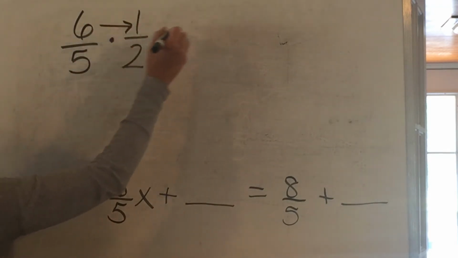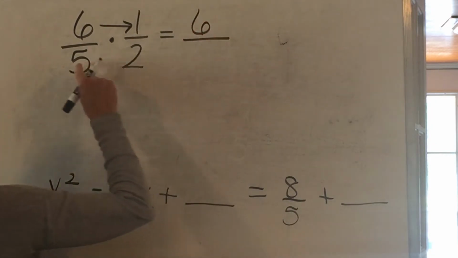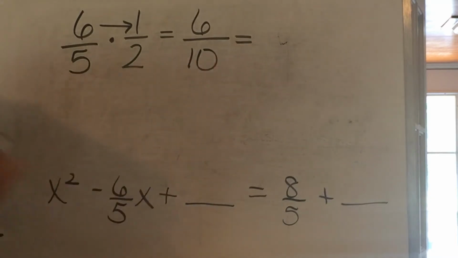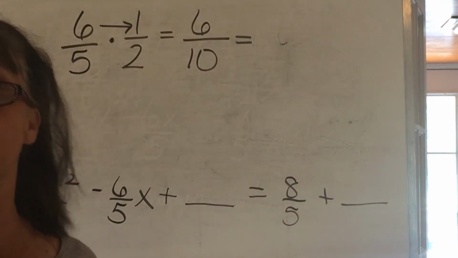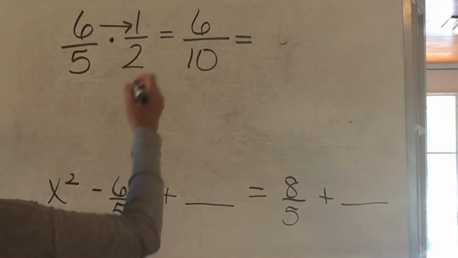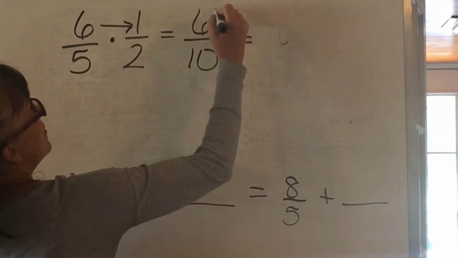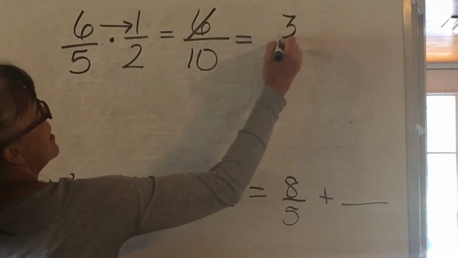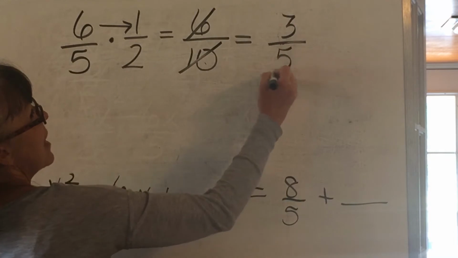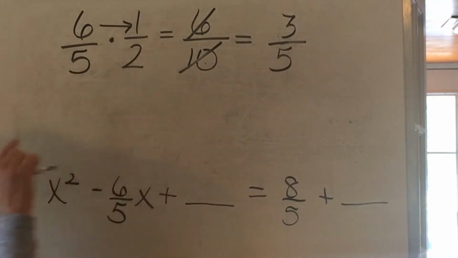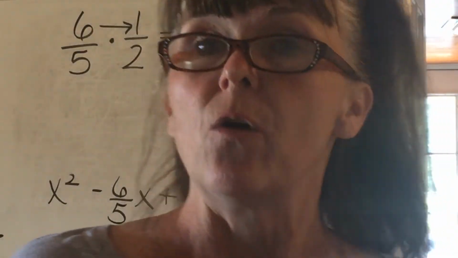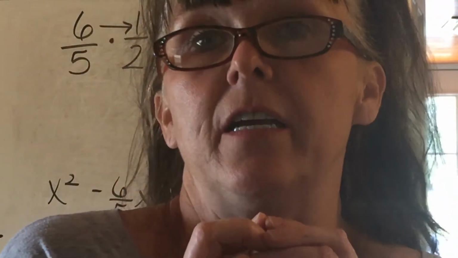So 6 times 1 is 6 and 5 times 2 is 10, and that reduces. They're even numbers, so they will divide by 2, reduce by 2. So 2 goes into 6 3 times, 2 goes into 10 5 times. And so you go, oh, so we're adding 3/5 to both sides? No. We've only taken half of it.